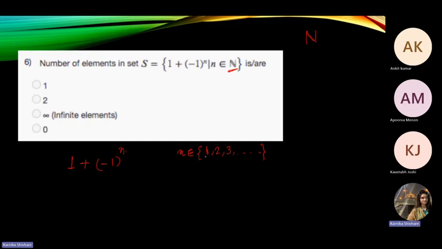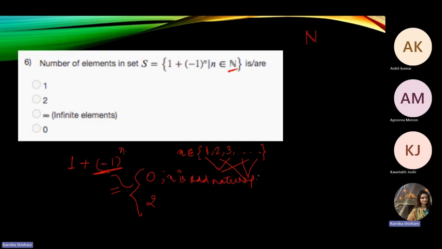So either they will be odd or they will be even. If it is odd, this value will become minus 1. If it is even, this value will become plus 1. So this can only have two values, right? Either it is 1 minus 1, 0, or 1 plus 1, 2. 0 when n is an odd natural number.